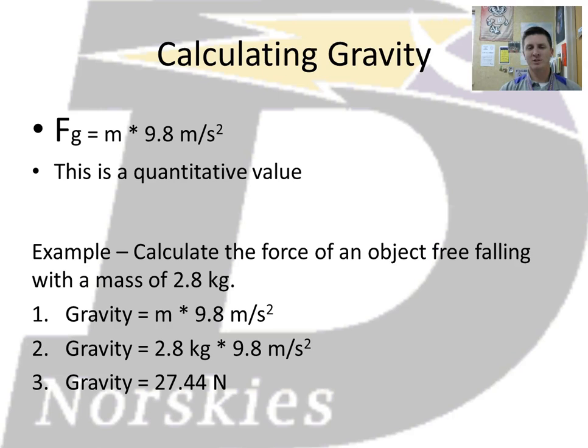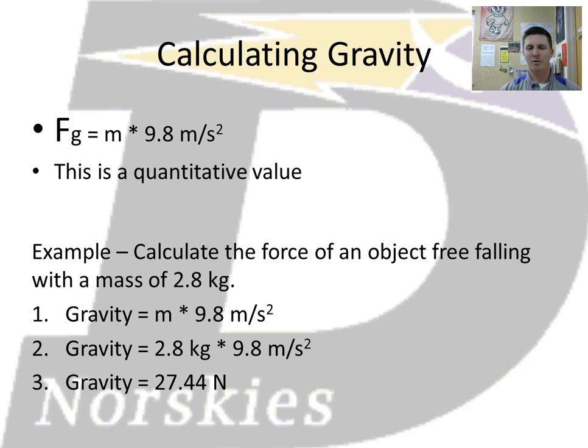The big one I want you to be aware of is calculating gravity. The force of gravity is equal to the mass of the object times 9.8 meters per second squared. This is a quantitative value, and this number, 9.8 meters per second squared, is a unit of acceleration, the constant acceleration of gravitational force.